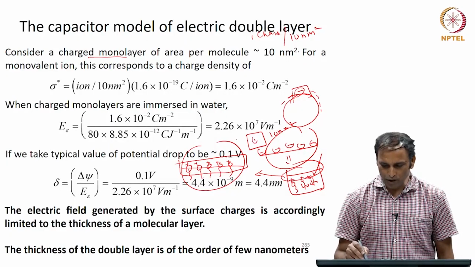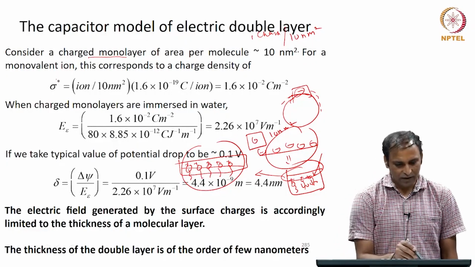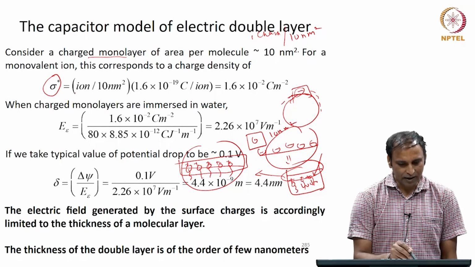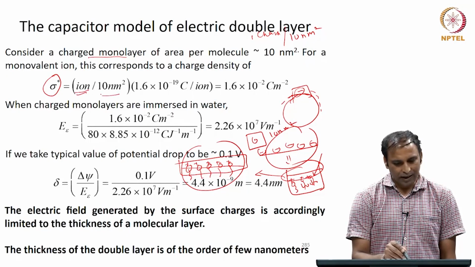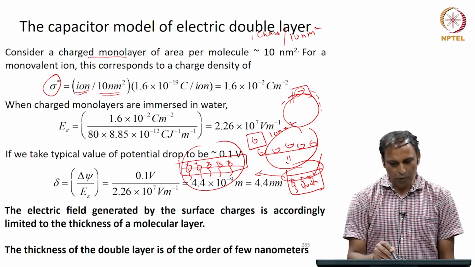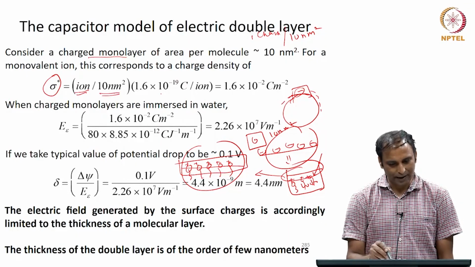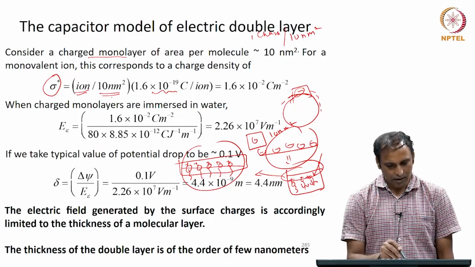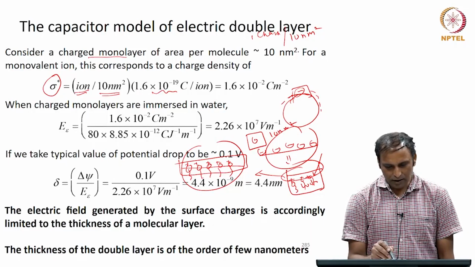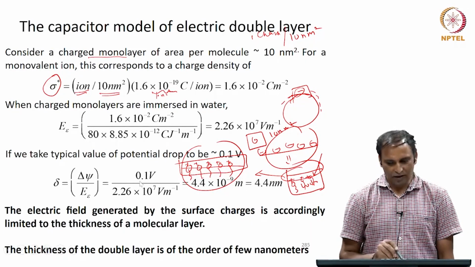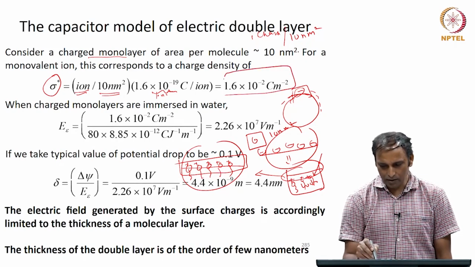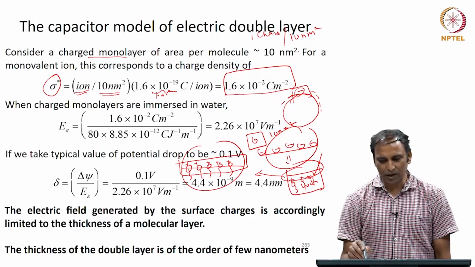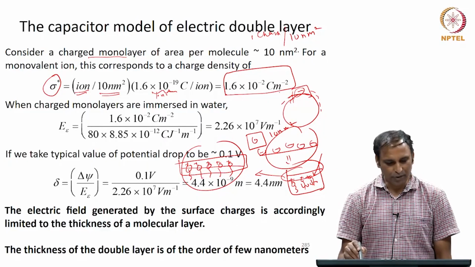If there is only one charge on the surface, then I can calculate sigma star, the surface charge density, that is one ion per 10 nanometer square. It becomes 1.6 into 10 power minus 19 coulombs per ion, the charge on one ion, divided by 10 nanometer square. If I do that, I get sigma star to be 1.6 into 10 power minus 2 coulomb per meter square.